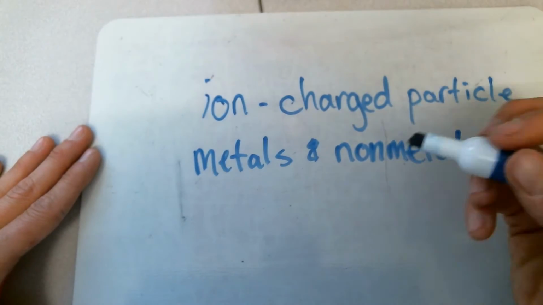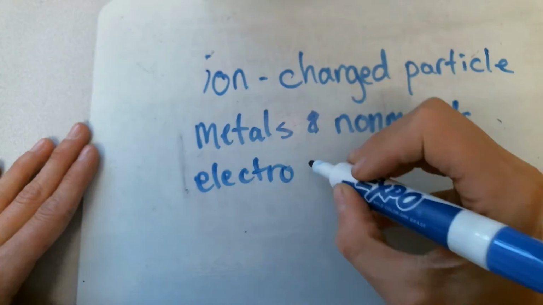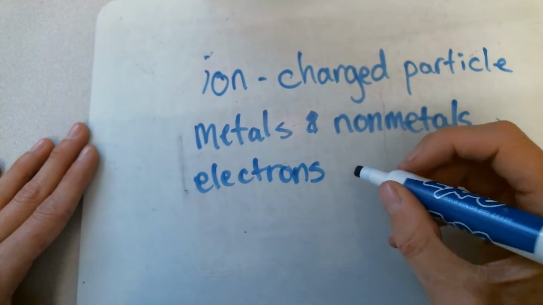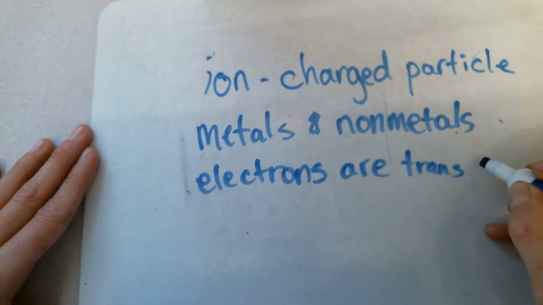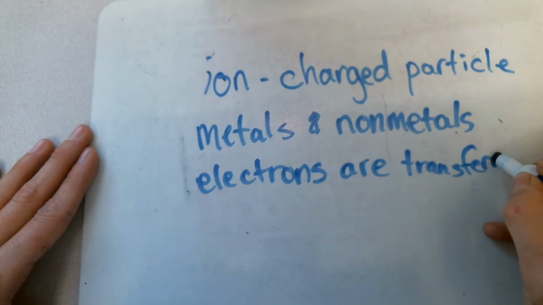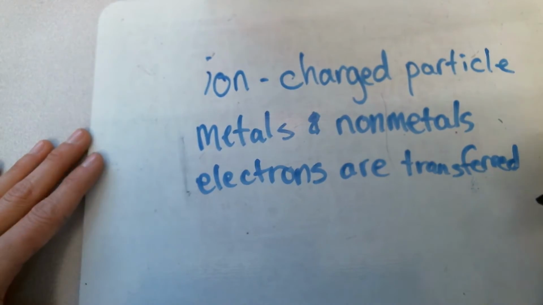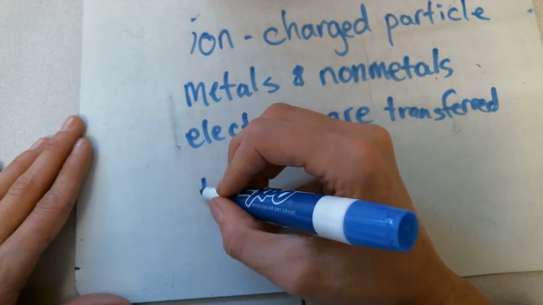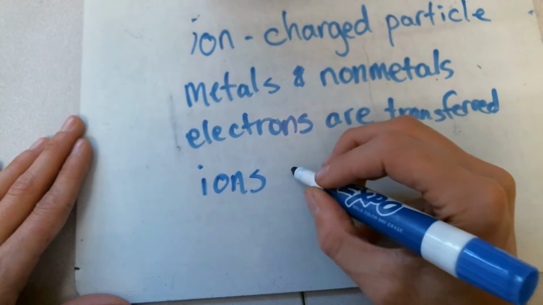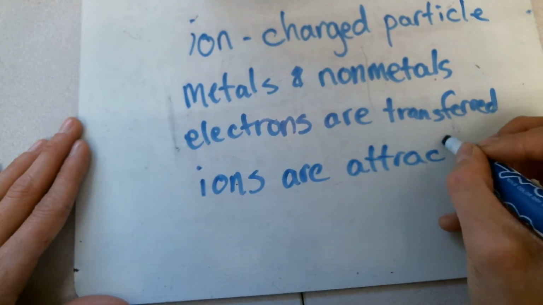And in ionic bonding, we have electrons that are transferred from one ion to another. And generally, you have the metal donating the electrons to the nonmetal. And then ions are attracted to each other because of a difference in charge.